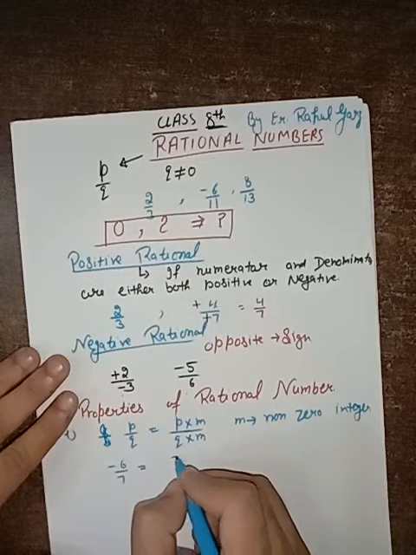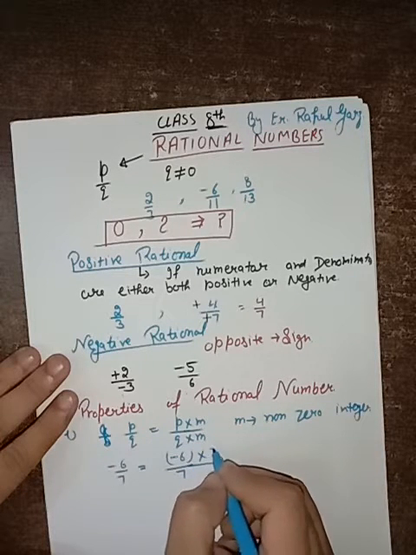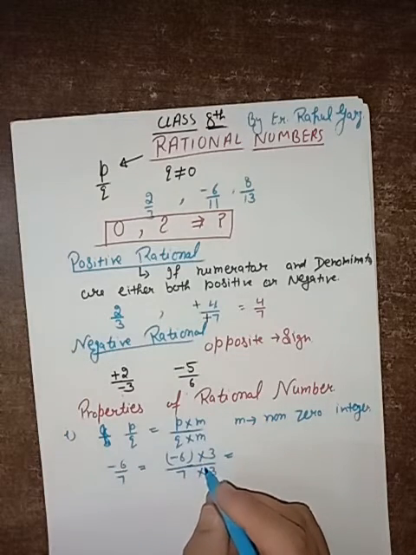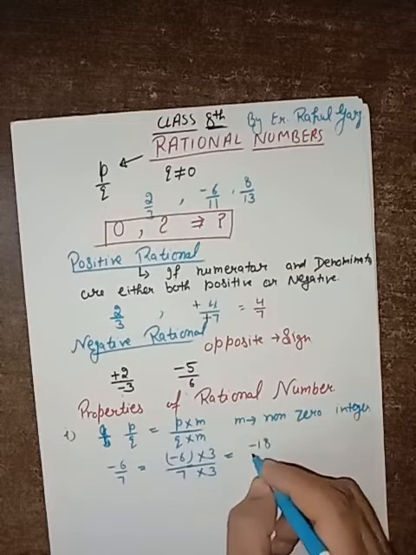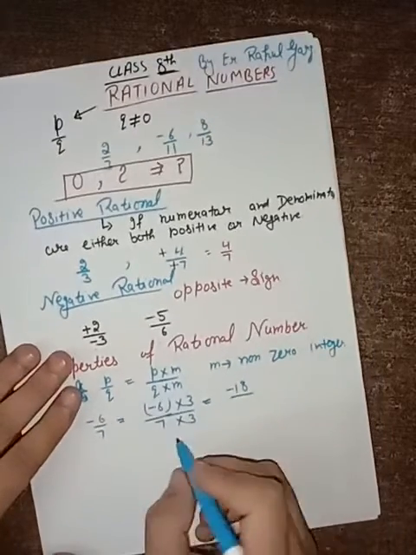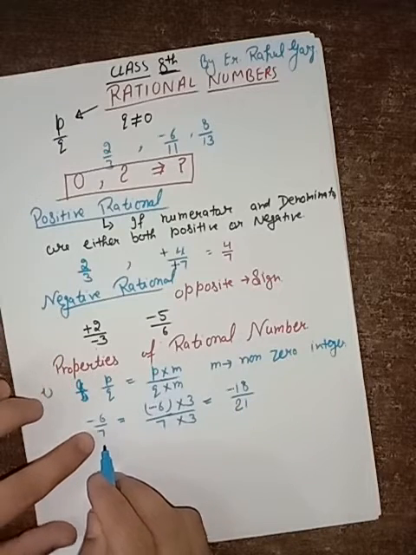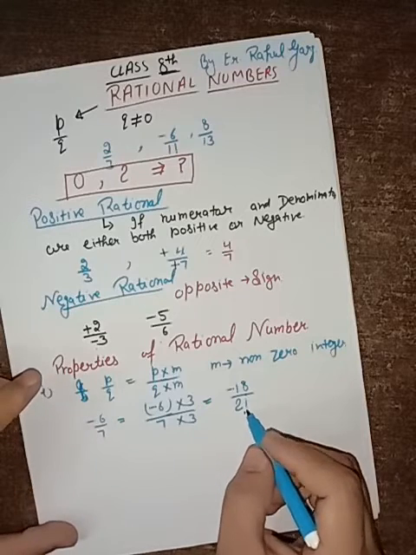We can also write -6 into 3 divided by 7 into 3. Now, if we solve, -6 into 3 becomes -18, and the denominator becomes 21. So -6 divided by 7 equals -18 divided by 21.